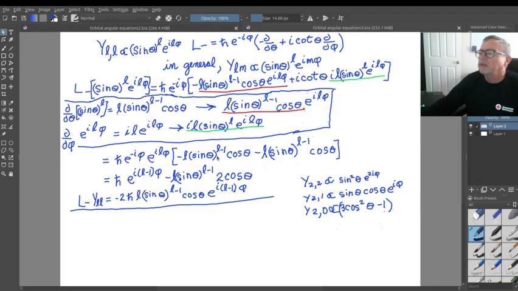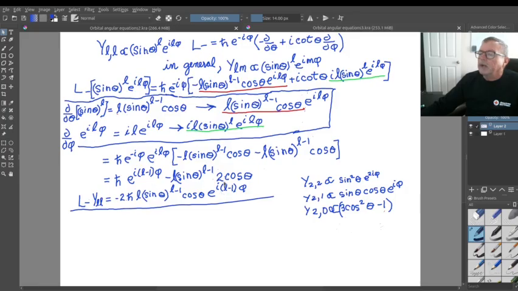Inside here, I've done a little bit of work. First of all, where did the cotangent go? Well, the cotangent is cosine over sine, so that cancels out one of the sine thetas here. So that becomes L minus 1, and the two i's combined create a minus sign over here, and that cosine theta is left over from the cotangent. If I pull minus L sine theta to the L minus 1 out of all of these, that's going to leave cosine plus cosine, or make it simpler, 2 cosine theta.